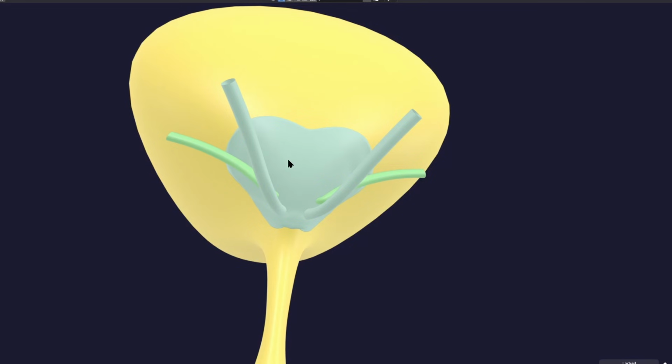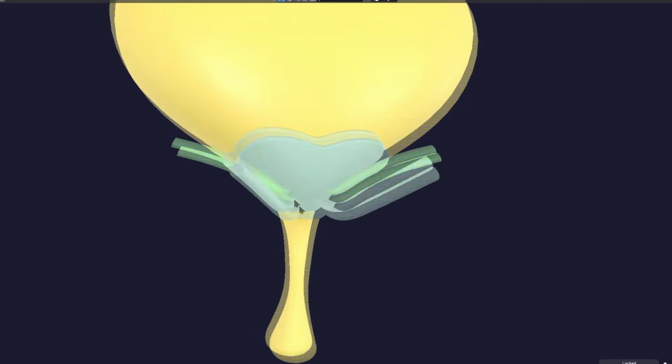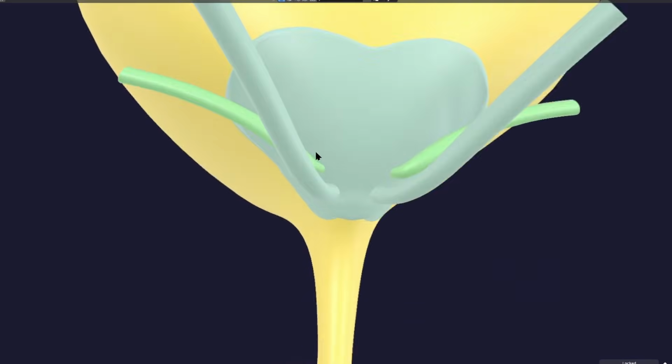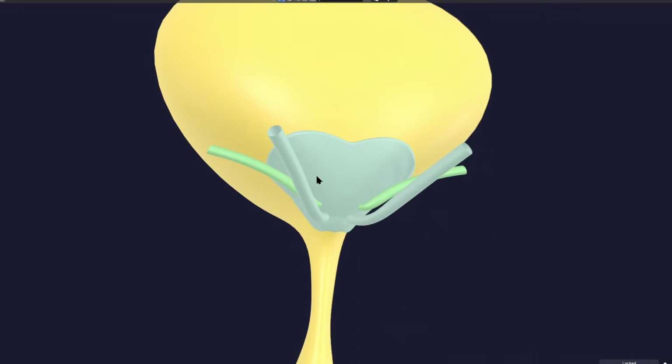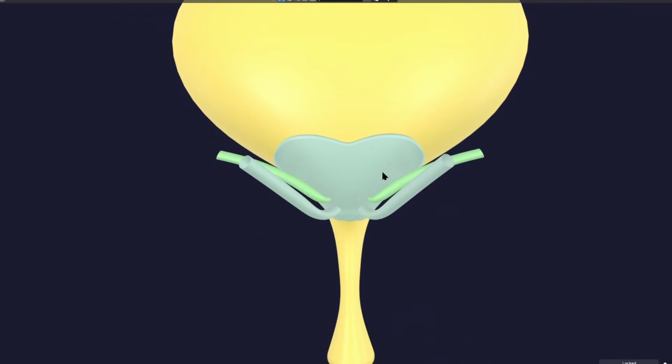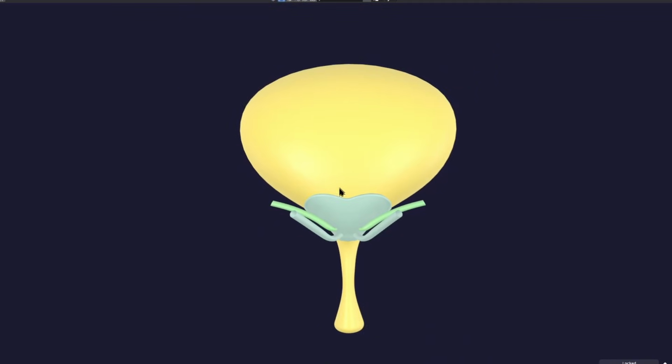trigone of the urinary bladder. Now next what will happen is that these ureters, bilaterally, will move craniolaterally, they will come somewhat here. Why do they move craniolaterally?